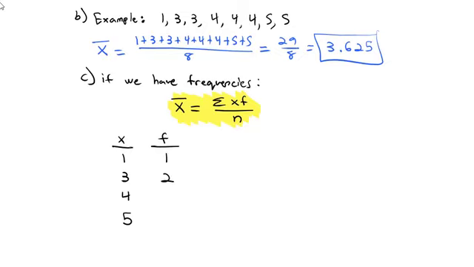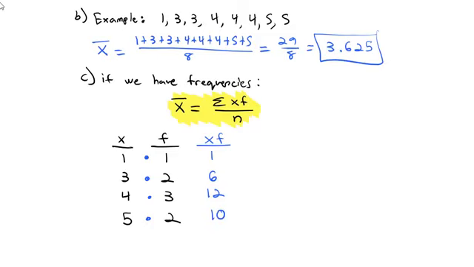There were 2 3s, 3 4s, and 2 5s. What the sum says we need to do is first multiply the x's times the frequencies. So when we multiply, 1 times 1 is 1, 3 times 2 is 6, 4 times 3 is 12, and 5 times 2 is 10.